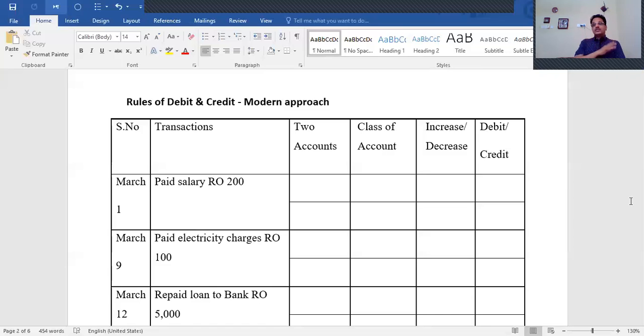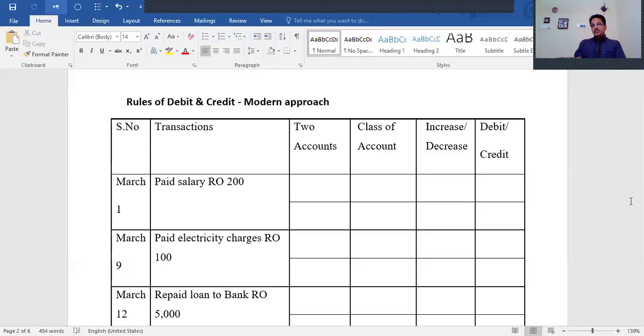Real accounts are the accounts of assets and properties. Asset, you know already, different types of assets, usul, and properties, akarat. And nominal accounts are the accounts of expenses, losses, incomes, and gains.